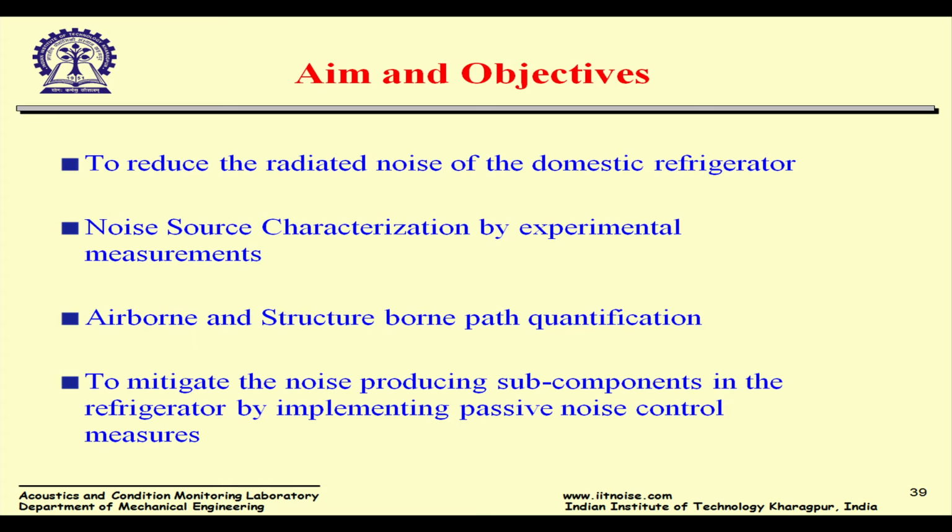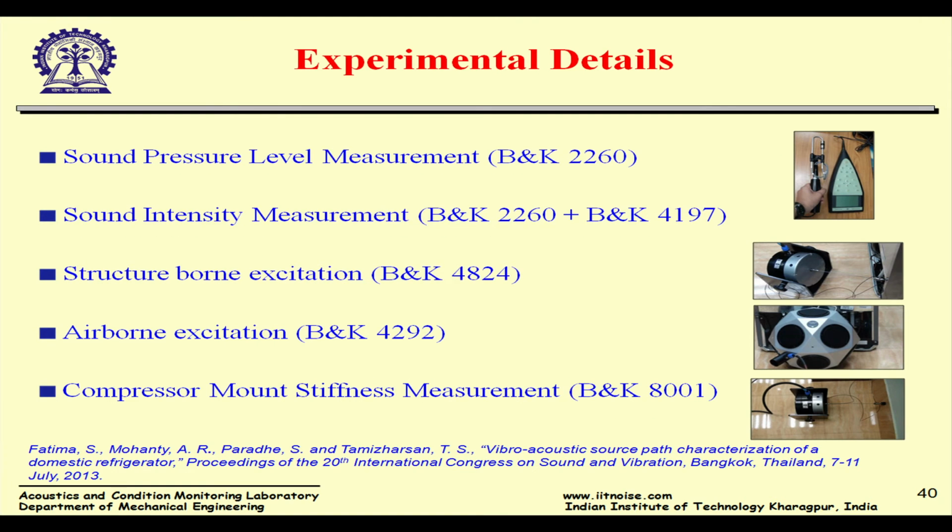And we tried some technology and we were able to control it. But of course, before we found out the exact source, we did some instrumentation, and these are all instruments which we have there in our laboratory. And this is out of our paper where we presented at one of the ICSVs.